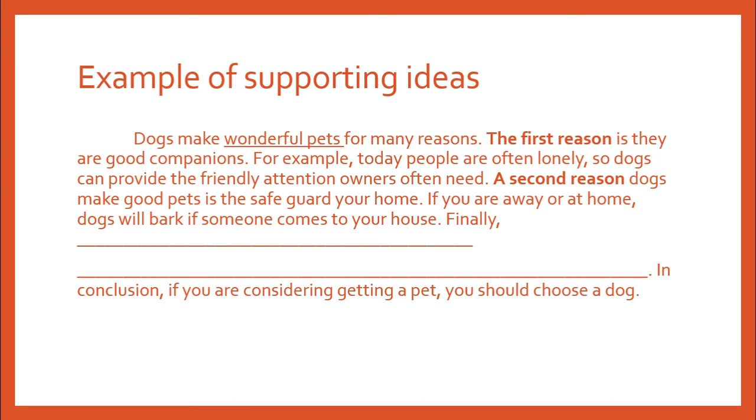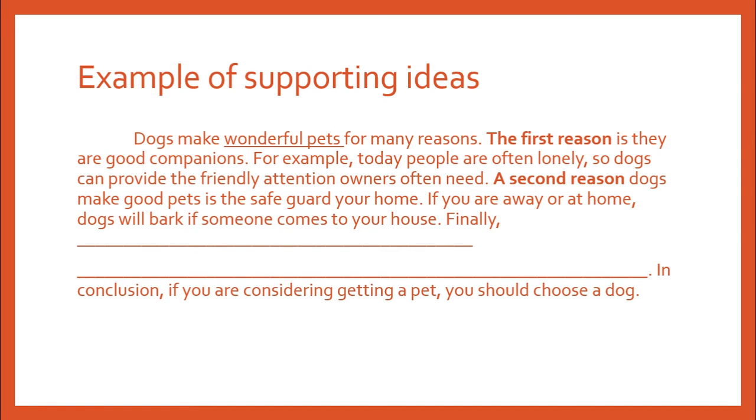And then the sentences after our supporting sentences are detail sentences, which give examples of good companionship from dogs. So people are often lonely, so dogs can provide the attention owners often need. And we also have a detail sentence that gives an example of dogs guarding your home.